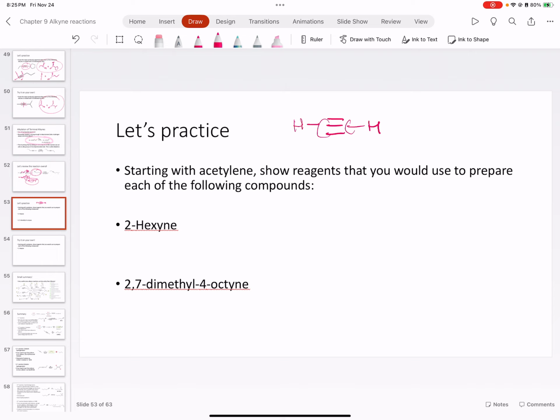They want us to go from that to 2-hexene, which is normally represented like this. They want us to show what we will use to prepare this compound.